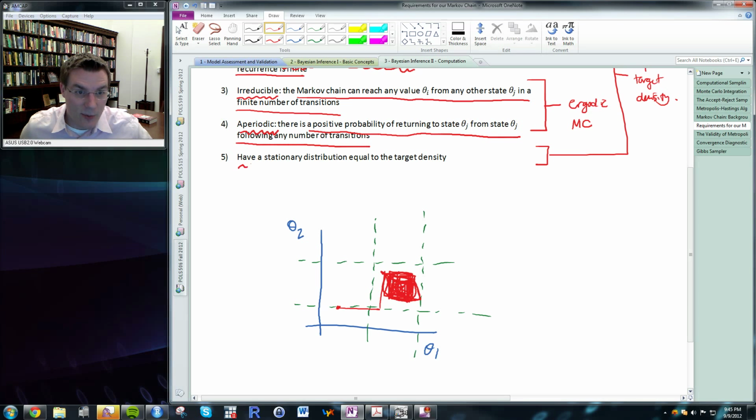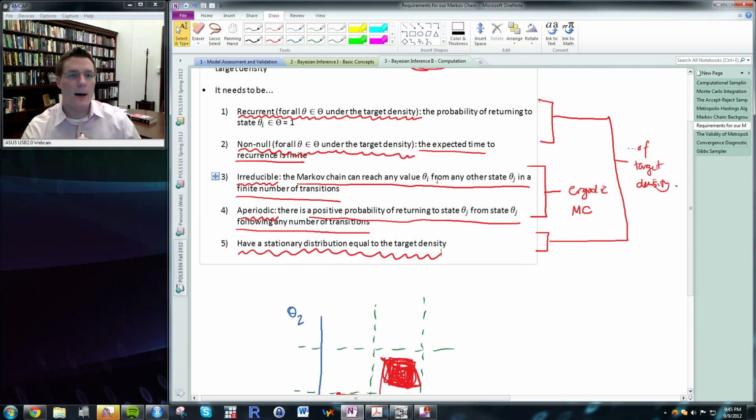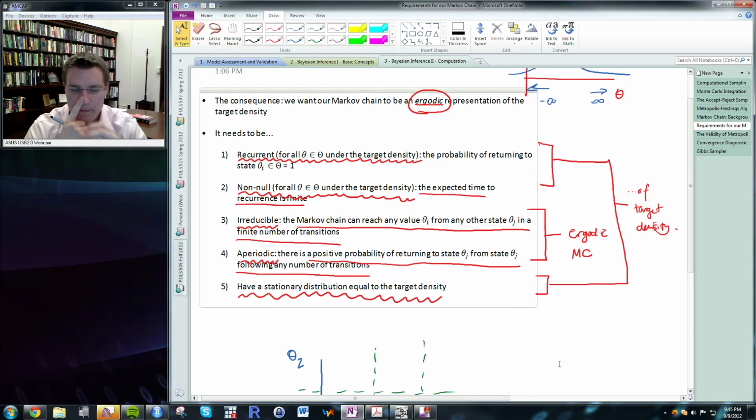And finally, and perhaps most importantly, we want the stationary distribution of the Markov chain to be equal to the target density. Now, in terms of many of these characteristics, we have no direct way of proving that our particular Markov chain is necessarily irreducible and aperiodic, that is to say, ergodic, for every possible posterior that we could be sampling out of.